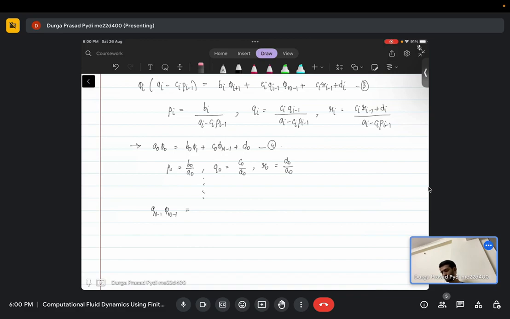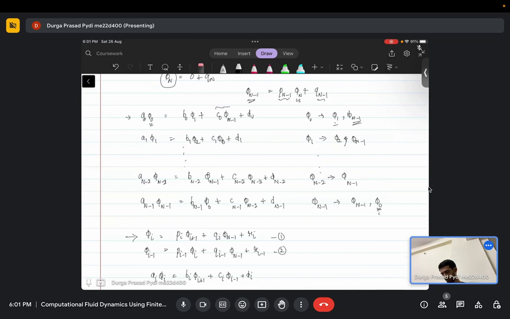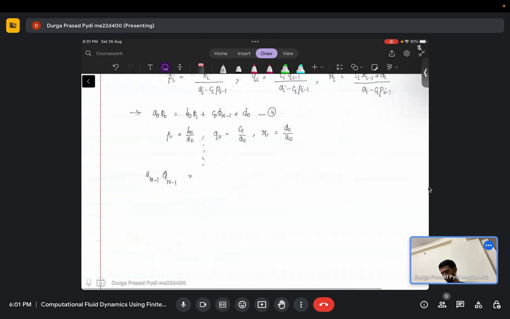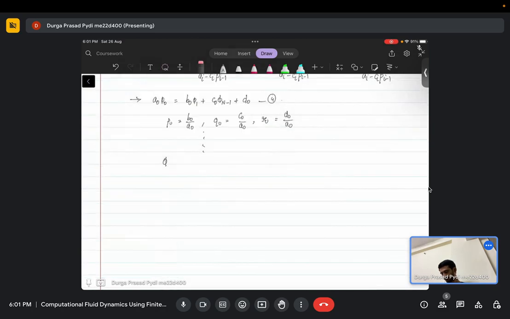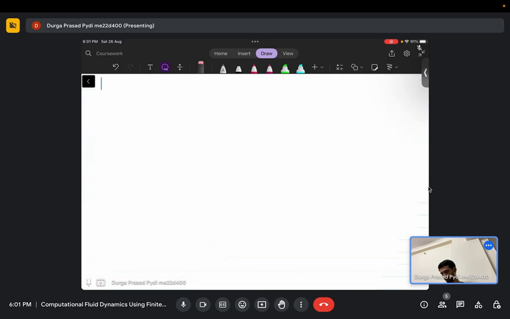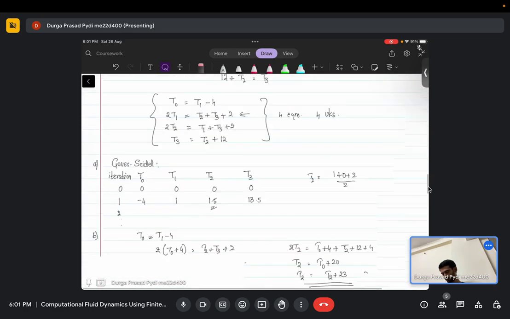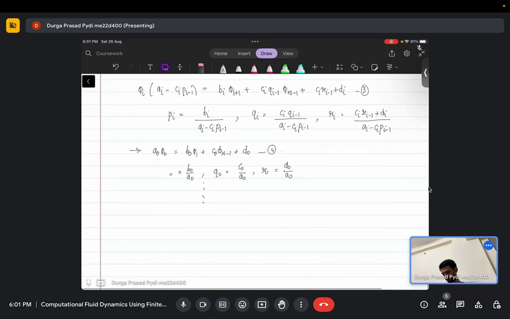Maybe I'll first write the equations for p n minus 1. So this is the equation for the final cell.